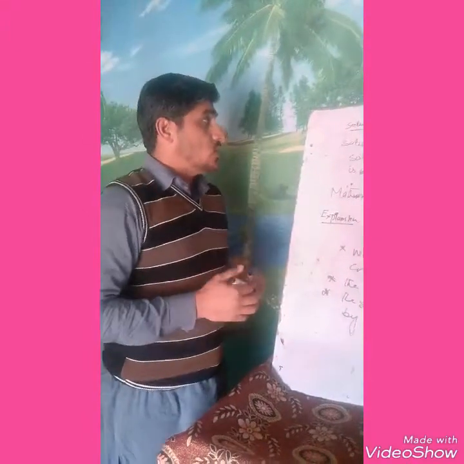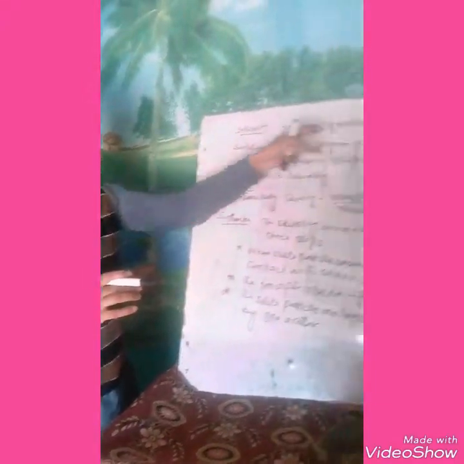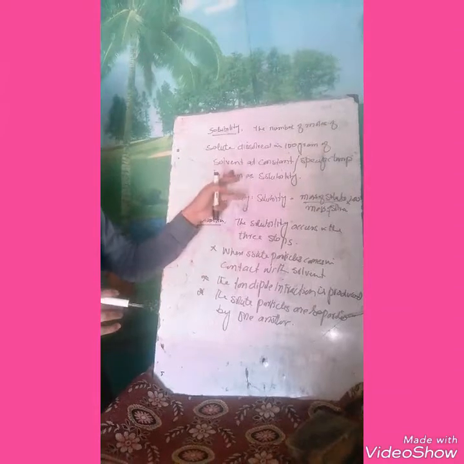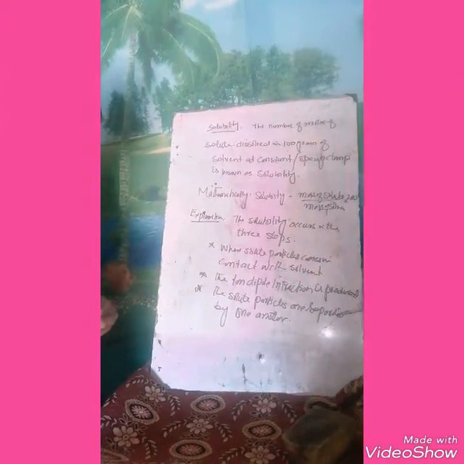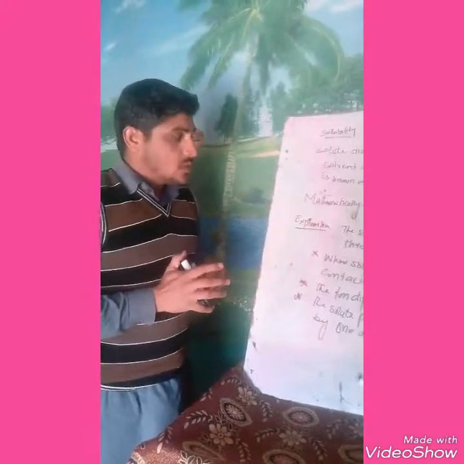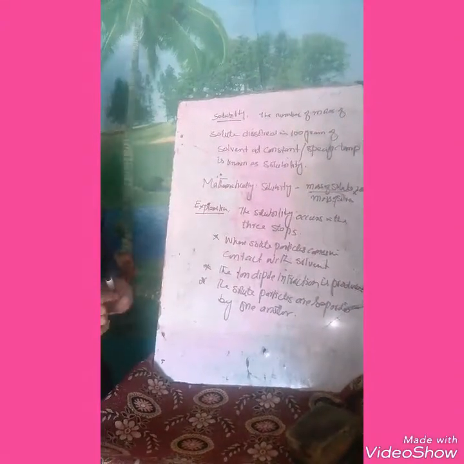Now I explain once again, please listen. The number of moles of solute dissolved in 100 gram of solvent at a constant or specific temperature is known as solubility. Mathematically, solubility is mass of solute divided by mass of solvent, multiplied by 100.